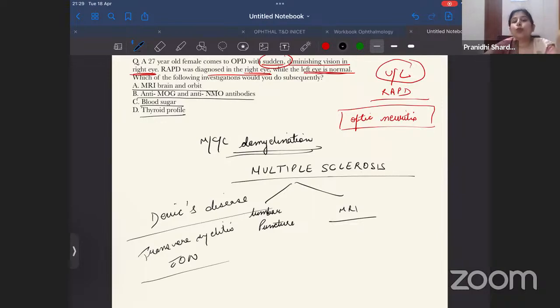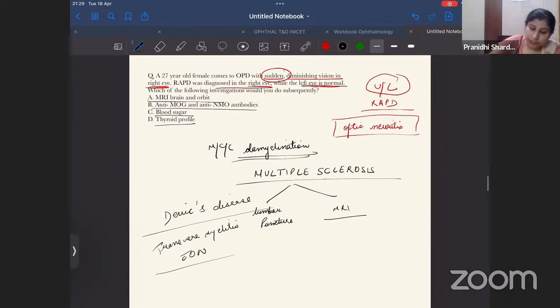So here we have two options which are correct. If it is a multiple answer question, we have MRI and anti-MOG and NMO antibodies. Since now only one-correct-option questions are asked in INI-CET, these two options will not be given simultaneously, but even if they are, and we have to choose one, we'll choose the MRI.